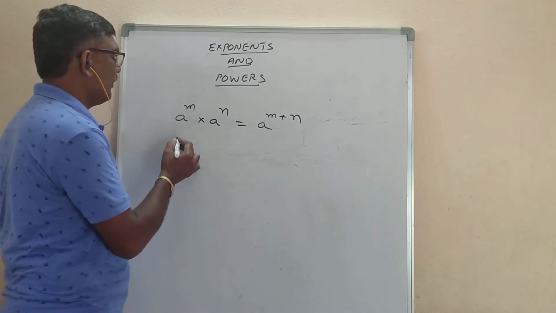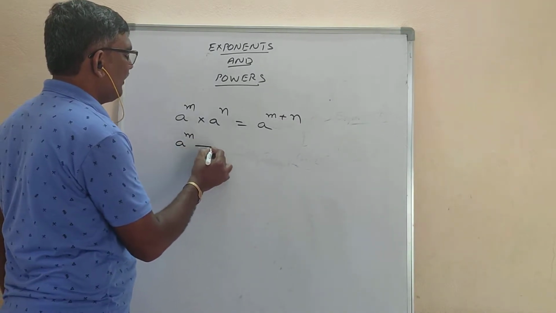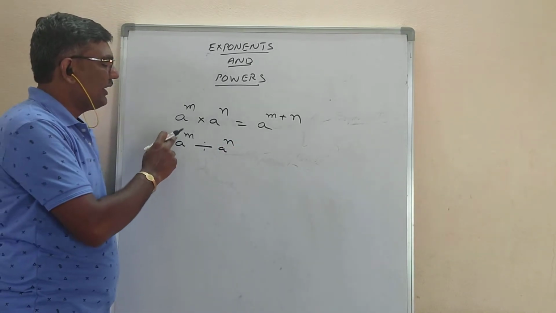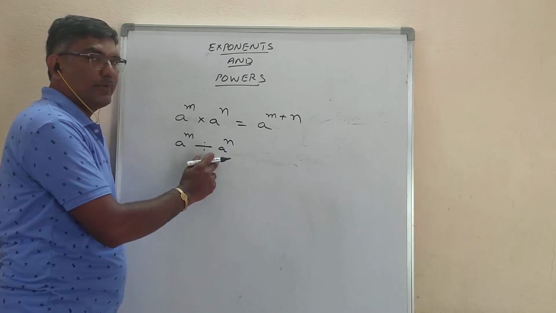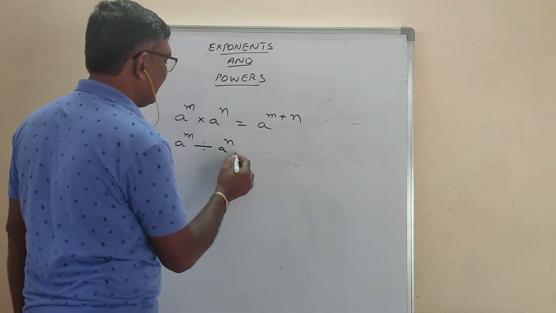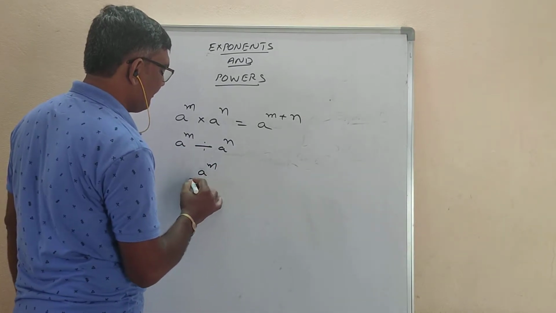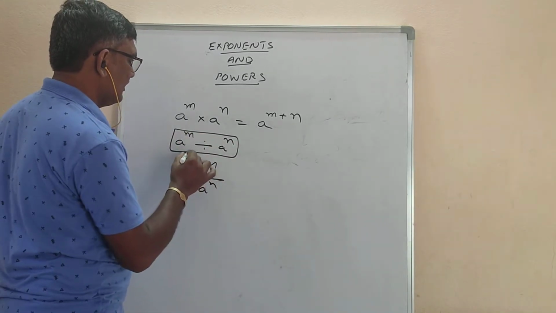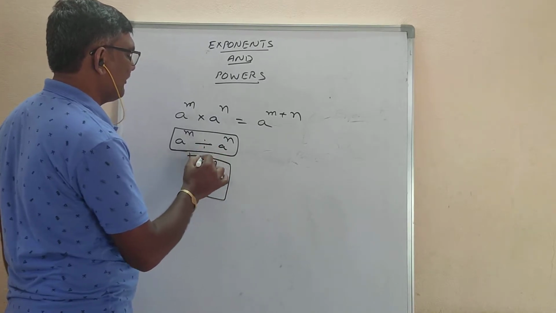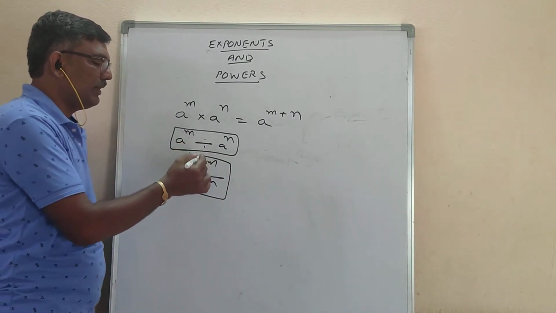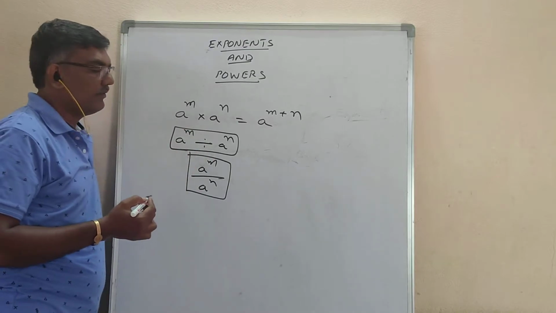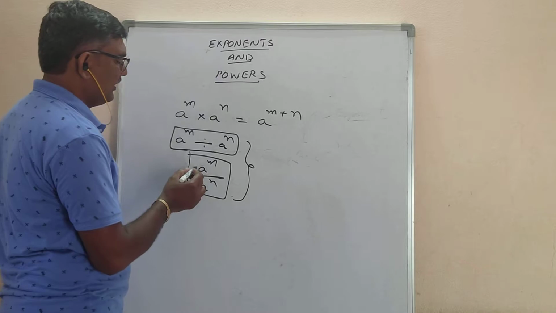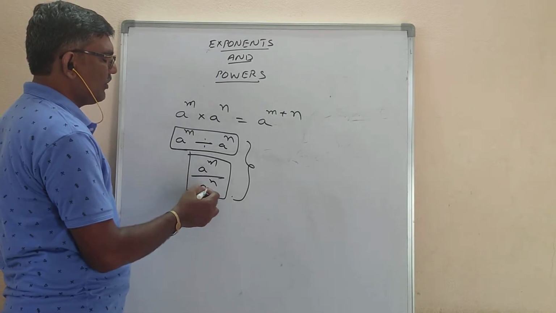One more formula, a to the power of m divided by a to the power of n. We can write this as a power m by a power n. These two are same. Here the divided by symbol, and here you have written it as a fraction. For these, see, it is numerator and denominator.